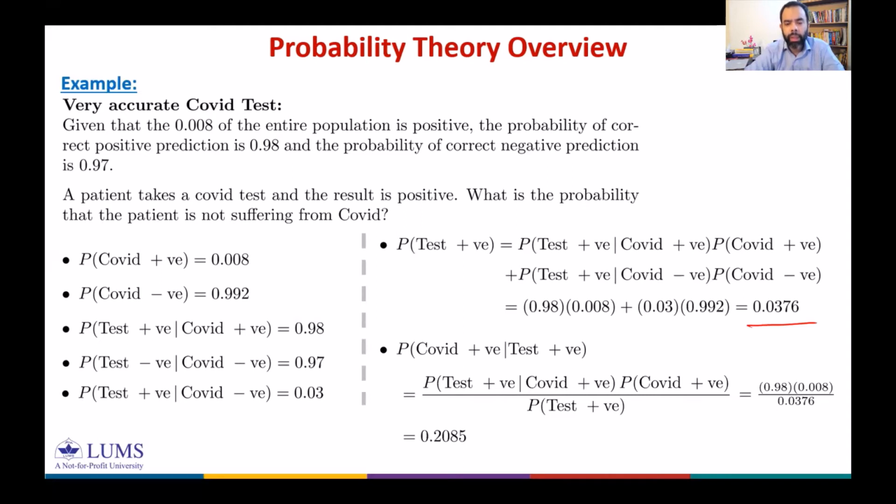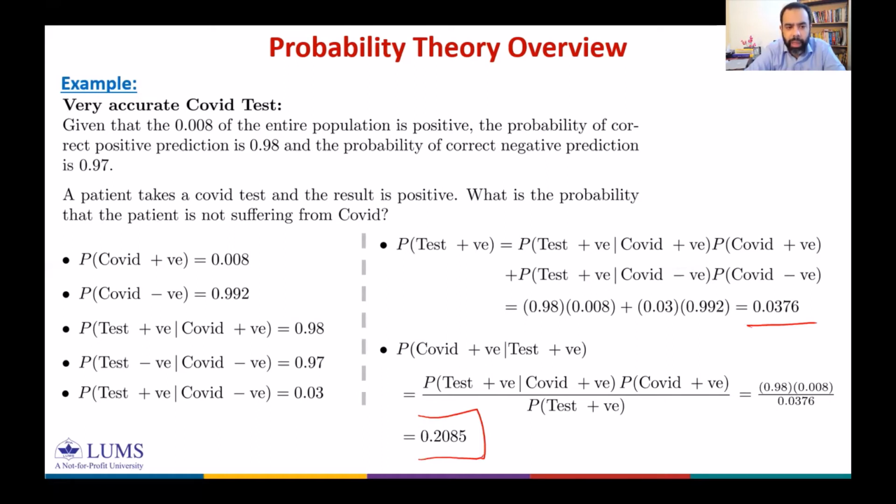So given the test turns out to be positive, the probability that the patient is suffering from COVID is very, very small. Okay. So this is not in line with our intuition, what we built earlier by reading the statement of the problem.